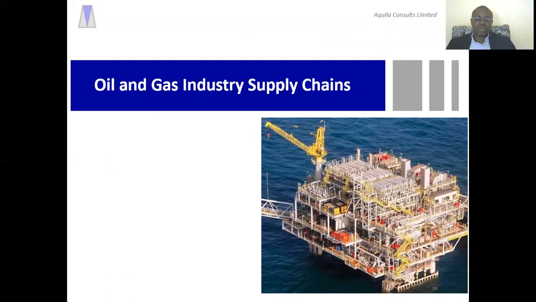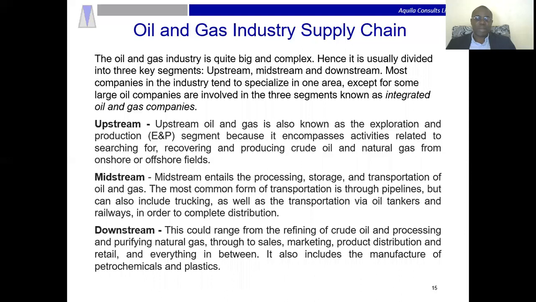Now let's go straight to the oil and gas industry supply chain, which is the main topic actually. So the oil and gas industry supply chain can be divided into 3, namely upstream, midstream, and downstream. Now, upstream basically refers to the exploration and production segment, and it encompasses all activities related to searching for, developing, and extraction of the crude oil and natural gas from either onshore or offshore fields.